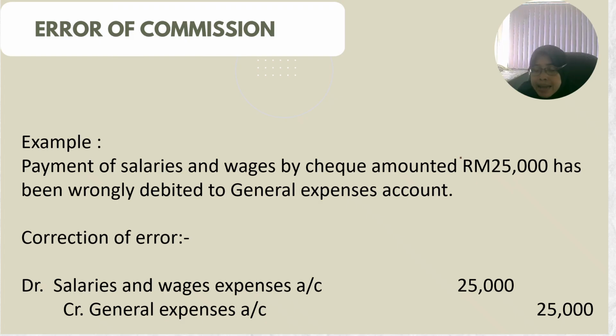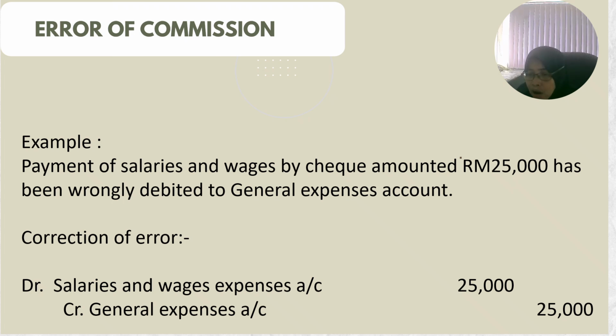Look at the example. Let's say payment of salaries and wages by cheque amounting to RM 25,000 has been wrongly debited to the general expenses account. Do bear in mind that salary and general expenses are within the same category, that is the category of expenses.